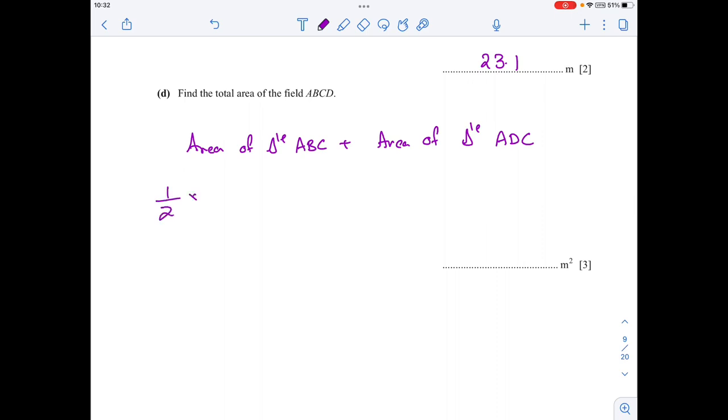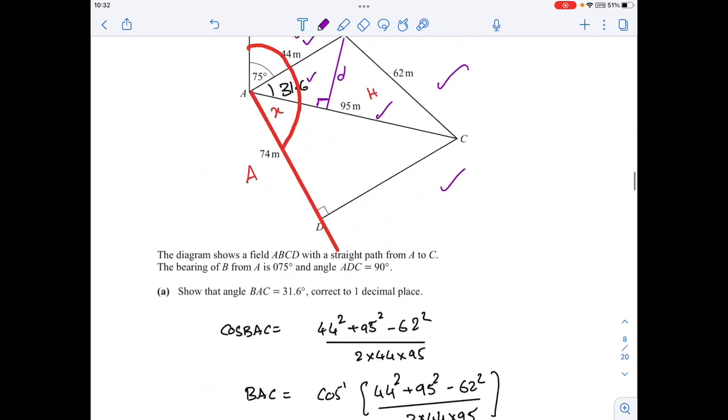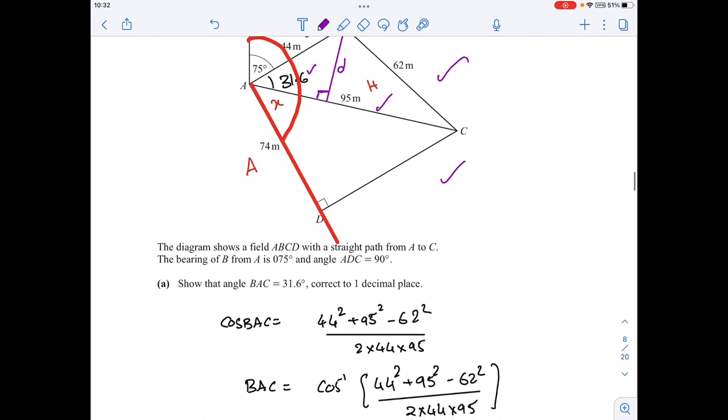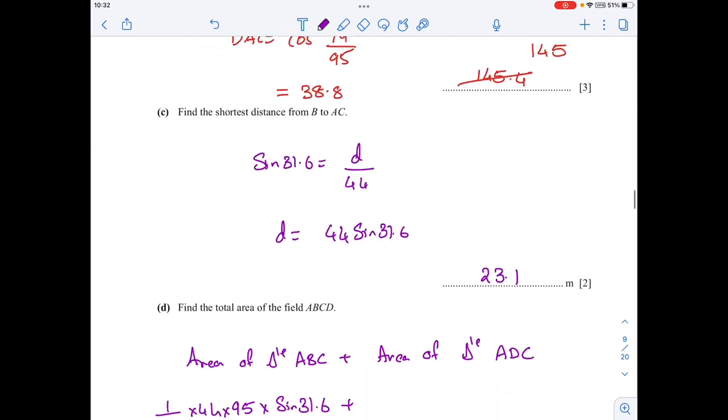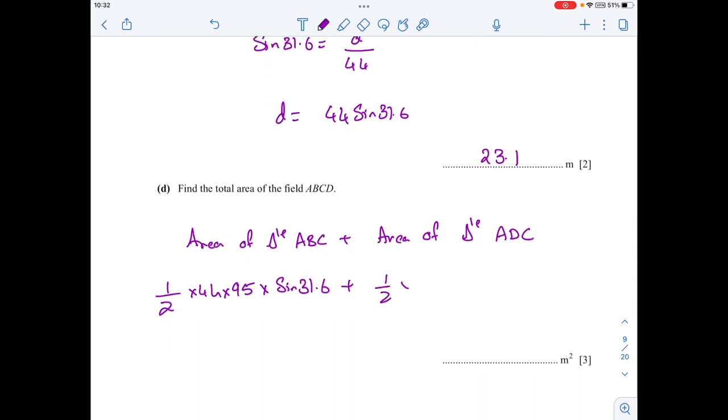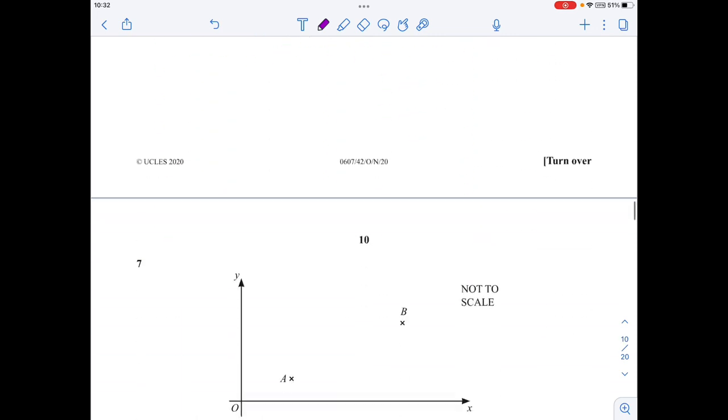So 1 upon 2 times 44 times 95 times sine 31.6 plus the area of triangle ADC. It is a right angle triangle, half base times height. Rather than that, 95, 74 and angle x: half times 95 times 74 times sine 38.8. Simplify that, your answer should be 3300. That is going to be the area of the field.